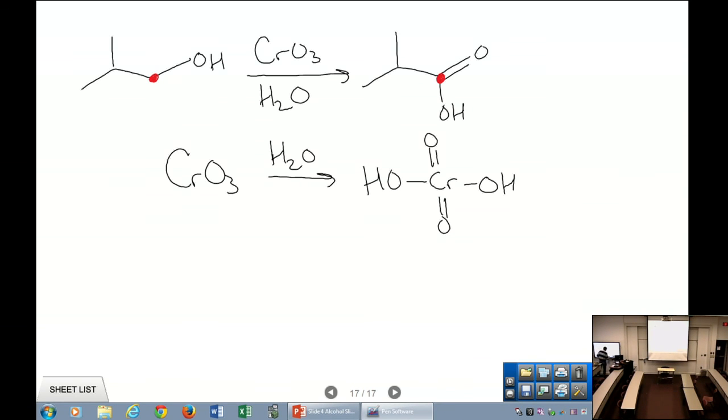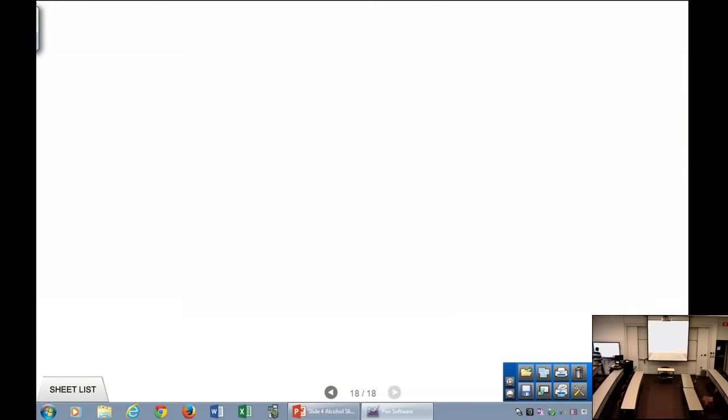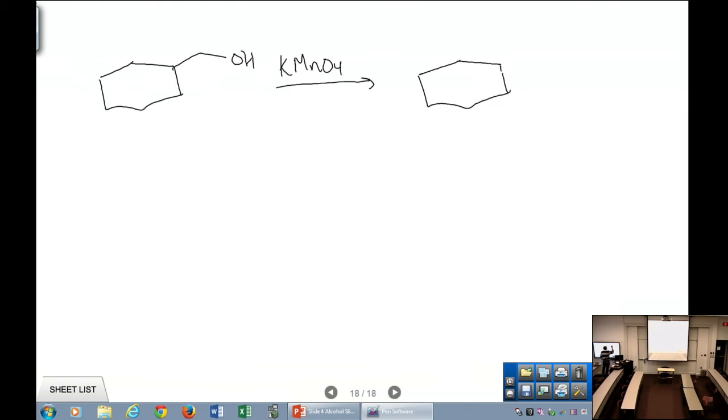Right. And then lastly, last on our list, but first in our hearts really, is potassium permanganate, KMnO4. This will react with a primary alcohol to give you a carboxylic acid.